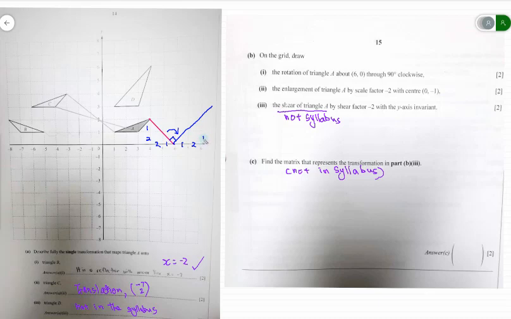So y become 1, 2, which is this point here. This line is drawn so that you will be able to estimate where is the exact location. So it's this point here. So if you call this A, then this becomes your A prime.